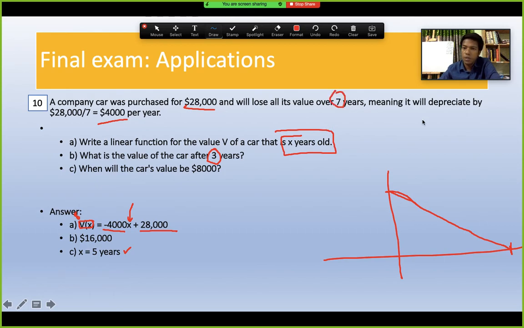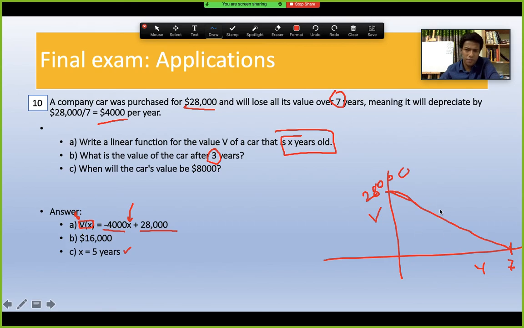It will come to 0 at 7 years. When the year equals 7, the value will be 0. So over the 7 years, from 28,000, it will become 0.